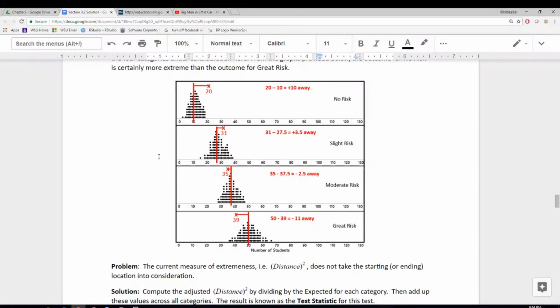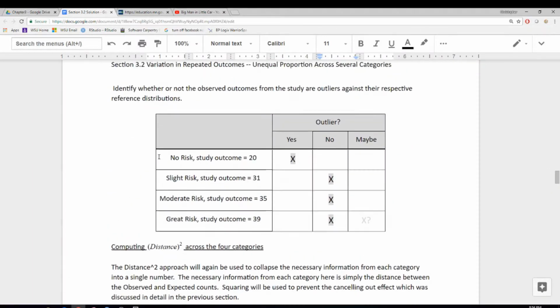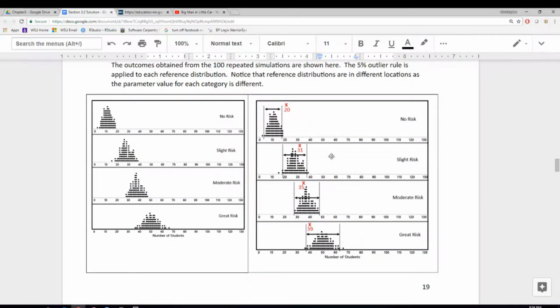So if we go back up here a minute and look at these graphs, it's a little more obvious here. We can see that the amount of inherent variation, we measure that by the margin of error if you recall, the margin of error here for this group is going to be larger than it is for the no-risk group. Okay, so that pyramid for the no-risk group is actually pretty skinny, which makes it easier for 20 to be an outlier.